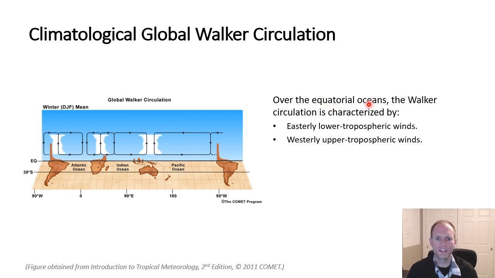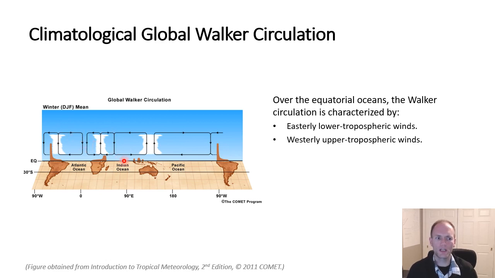So over all of these equatorial oceans, the Walker circulation is characterized by easterly low-level winds, as we see here in the Pacific, the Indian, far western, and the Atlantic Ocean, and westerly upper tropospheric winds, again as we see here in the Pacific, the Indian, and the Atlantic Oceans.